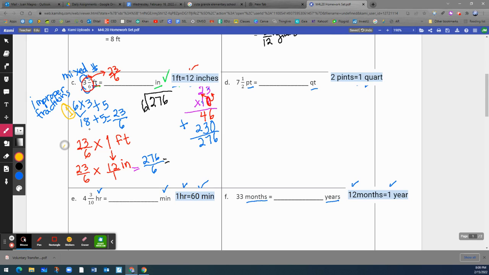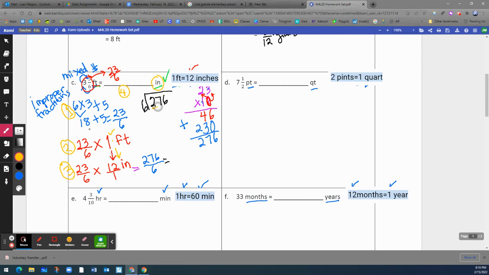Step number 2, you separate the foot and write it as a 1 here. Step number 3, you convert the 1 foot into the desired unit, inches. And the multiplication went along with that. So this is going to be step number 4.